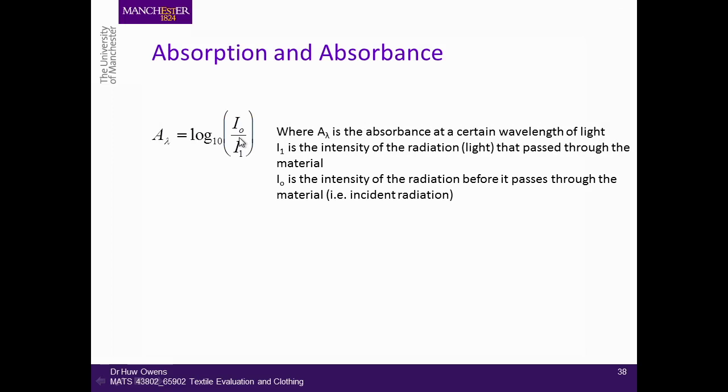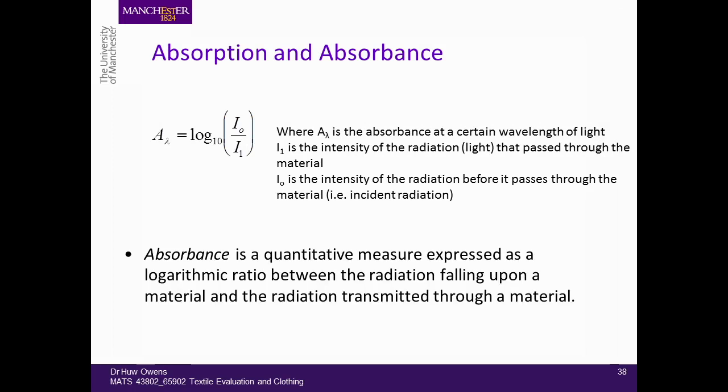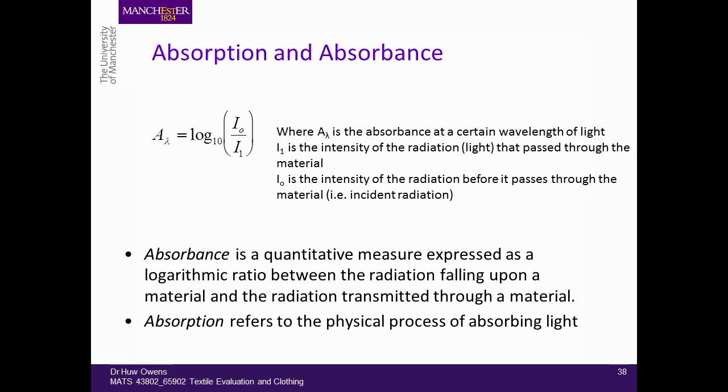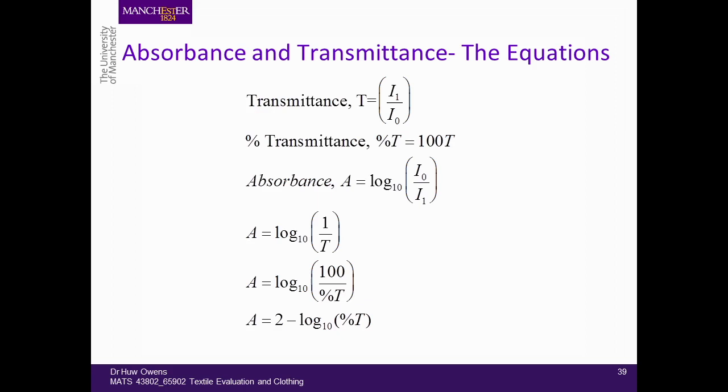Okay, so we're just finding this log relationship between the incident light and the transmitted light. Okay. So absorbance, the numbers, absorption, the phenomena. These are all pretty simple. They're all basically the same thing. They're just written in a slightly different way.